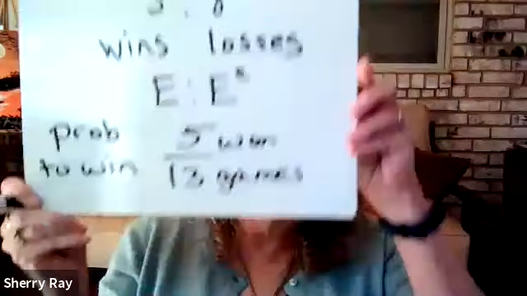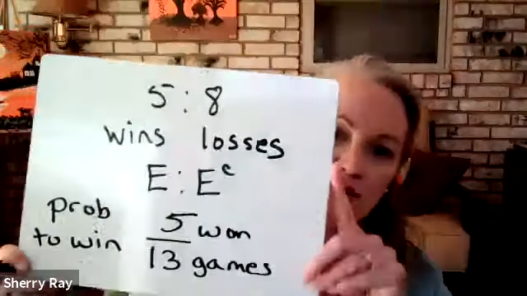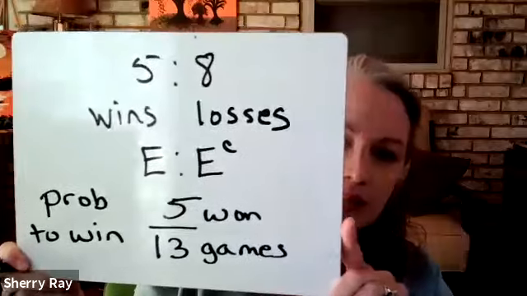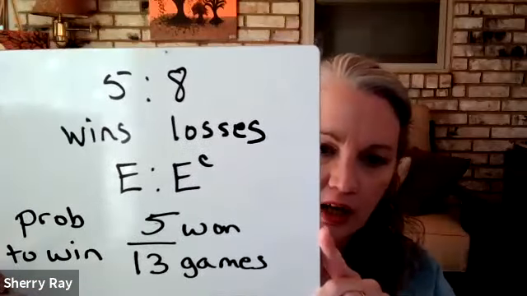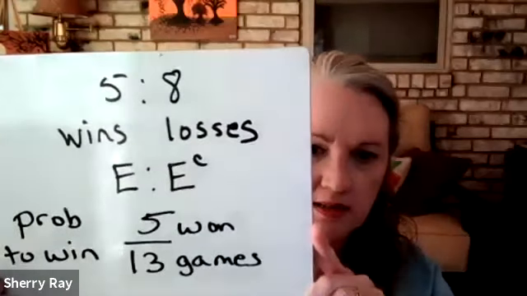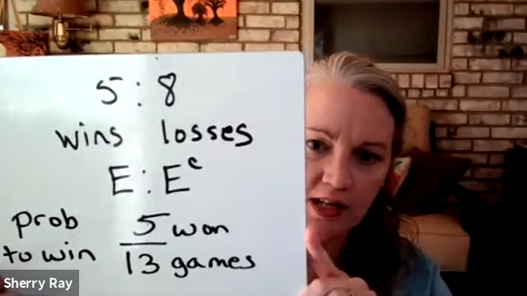Out of 13 games, the team won 5 games. So our probability of event E is how often E occurs, divided by the total number of occurrences or items in the sample space.